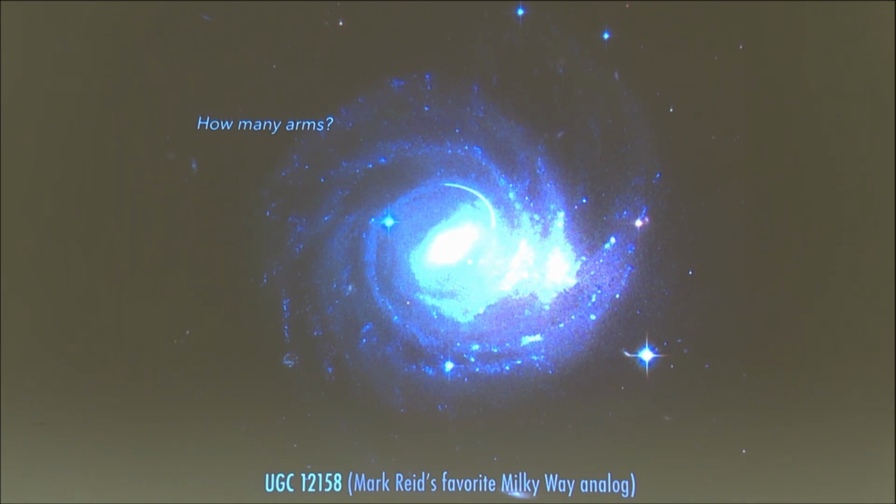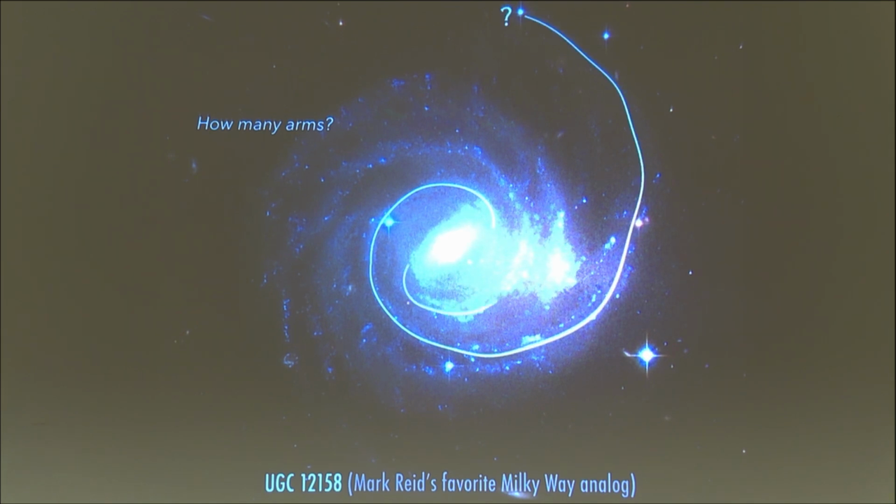I don't know. I can sort of draw two arms on there, but what about all that other stuff? And should I draw the arms in dust, or should I draw them in stars? There's actual disagreement amongst people who do know what they're doing in terms of determining how many arms.